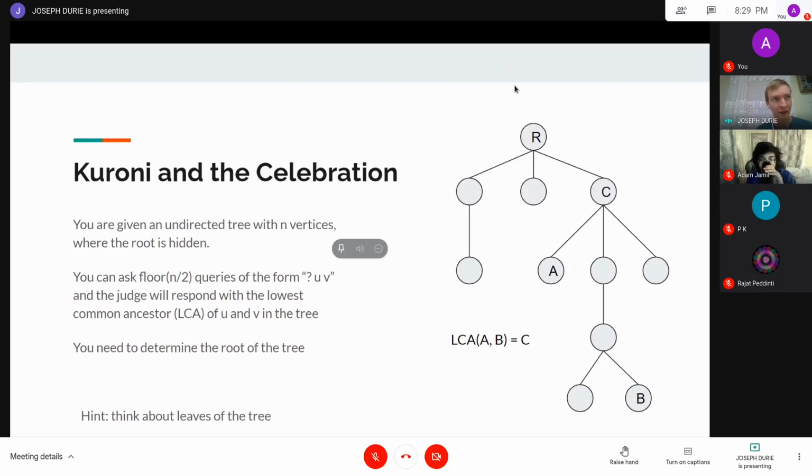Because you know the tree, you know where all the leaves are, which turns out to be very useful.